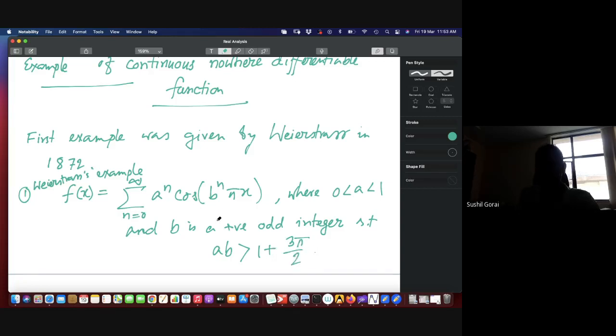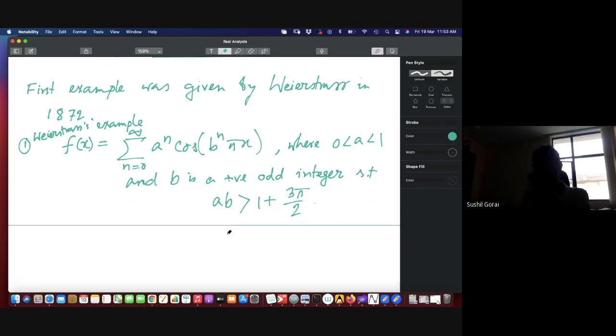That was given by Weierstrass. Then people have, for example, a equal to half and b equal to 7, what works here.